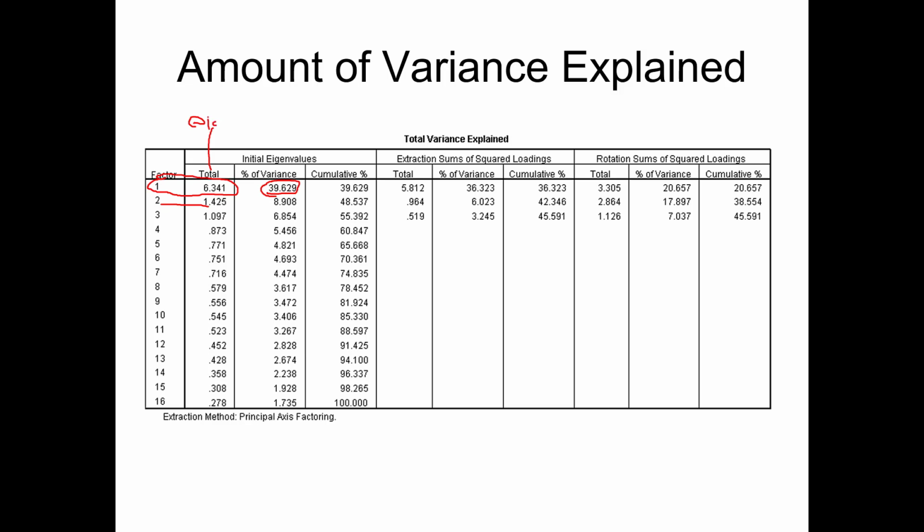This second factor explains another almost 9% of the variance, so that's a good thing. A third factor still has an eigenvalue over 1, so it's useful, and it explains 7% of the variance.